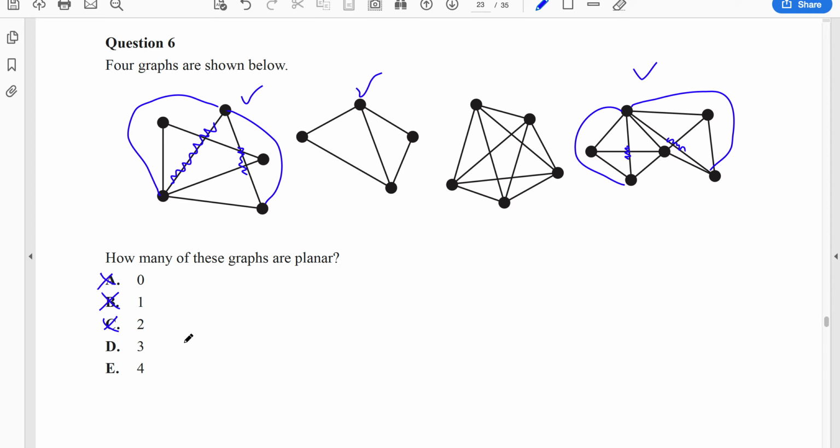Now looking at this one, I first noticed that it's a complete graph, in that every vertex is connected to every other vertex. And I also noticed it's got 5 vertices. So complete graphs where you've got V, the number of vertices, greater than or equal to 5 are non-planar.